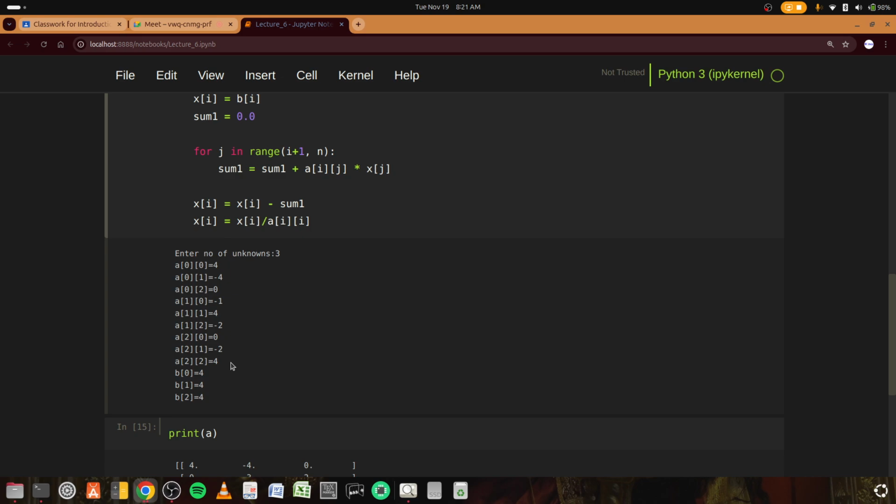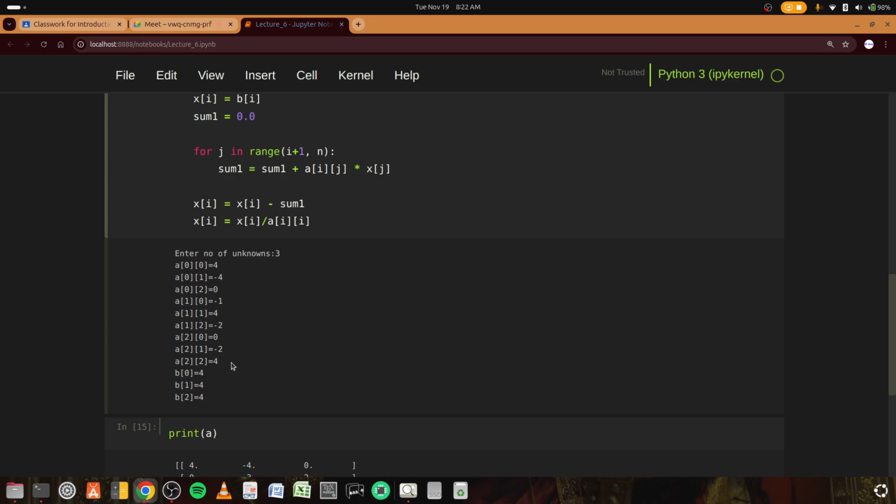So here you notice that we are starting with 0, not 1, right? When we were doing the problem, the first coefficient was A11, not A00. But here the coefficients start with A00, because in Python the indexing starts with 0, not 1.